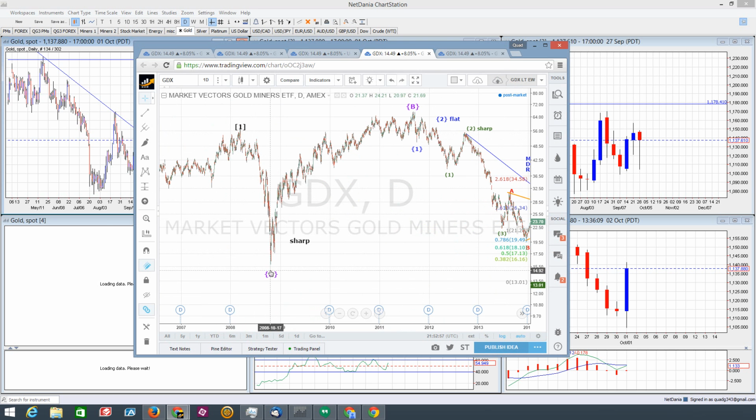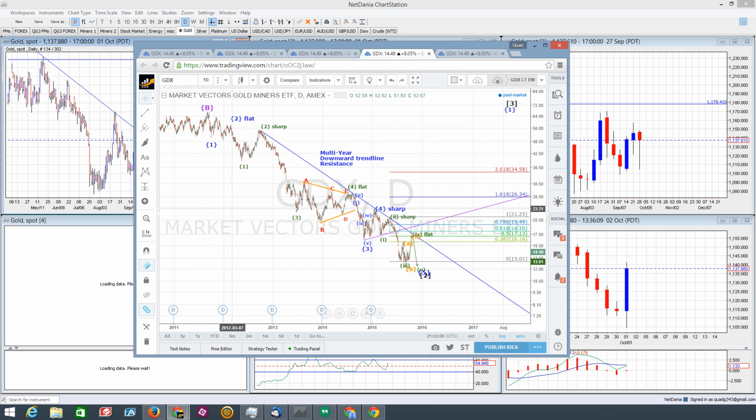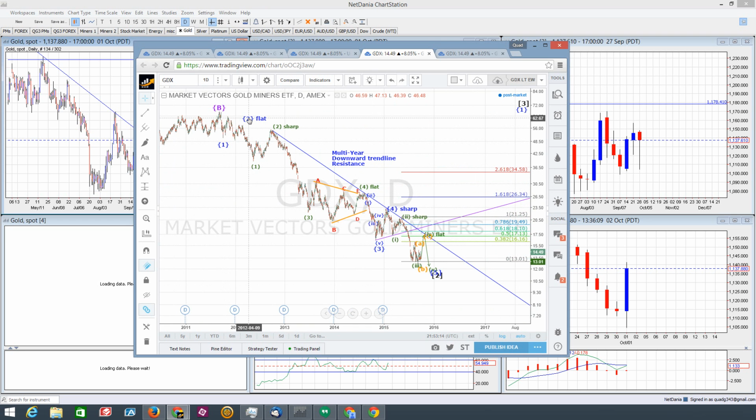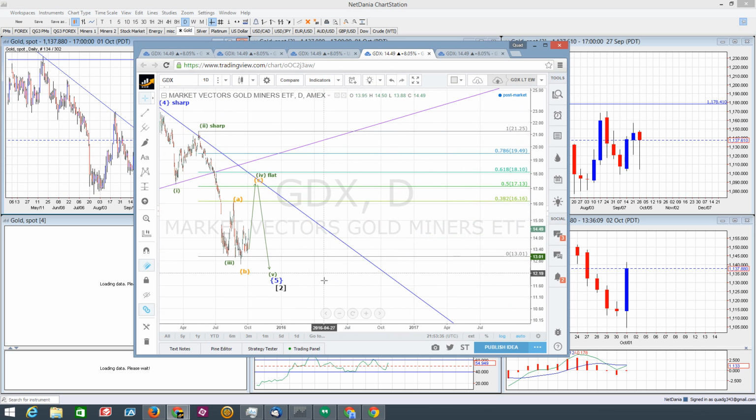We saw wave A down into October of 2008, and then a corrective move up, most likely a triple zigzag for wave B, and now we're working on a 5-wave move to the downside, starting off with wave 1, wave 2 flat, wave 1, wave 2 sharp, wave 3 triangle, wave 4 flat, which alternates with the 2 sharp, another impulse down to finish wave 3, blue 3, and then a zigzag up into a sharp 4, which alternates with the 2 flat. And now we're working on this final fifth here, which I'll zoom into.